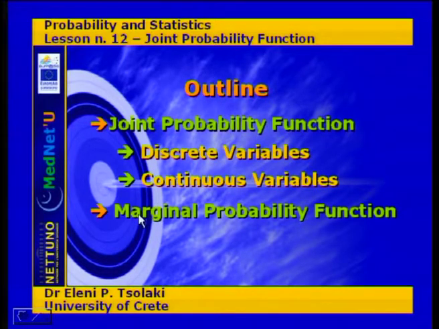Also, we are going to see how we can derive the marginal probability function from the joint probability function for discrete variables and for continuous variables. And also, we are going to give examples.